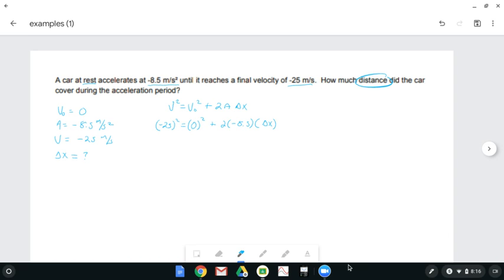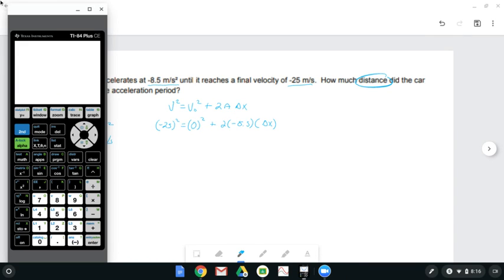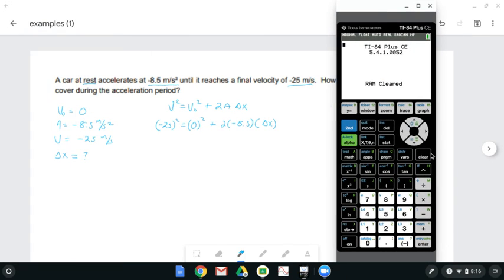All right, so now it's time to bust out that calculator. I have negative 25, and I like to plug it in exactly the same way that it's written, squared.